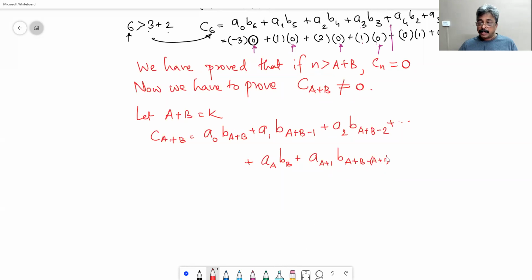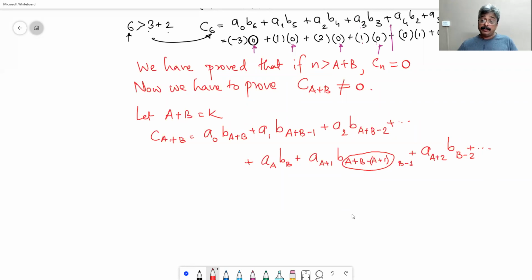Let me keep it like that. For this, what will be the suffix? B minus 1. What will be the next term? a_(A+2) b, and here if it is A plus 2, it will be B minus 2, plus dot dot dot.